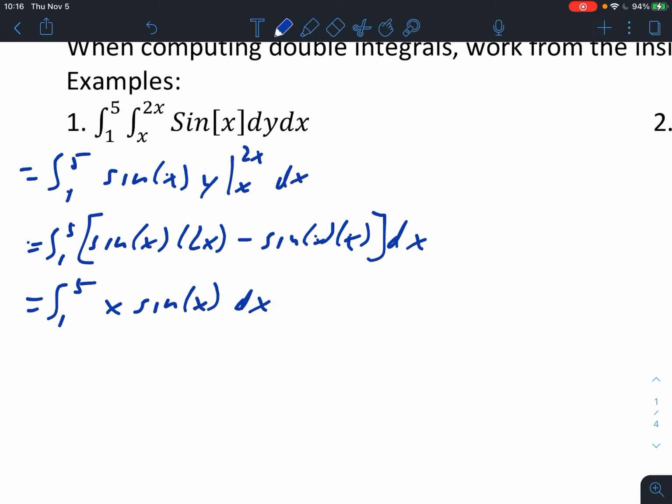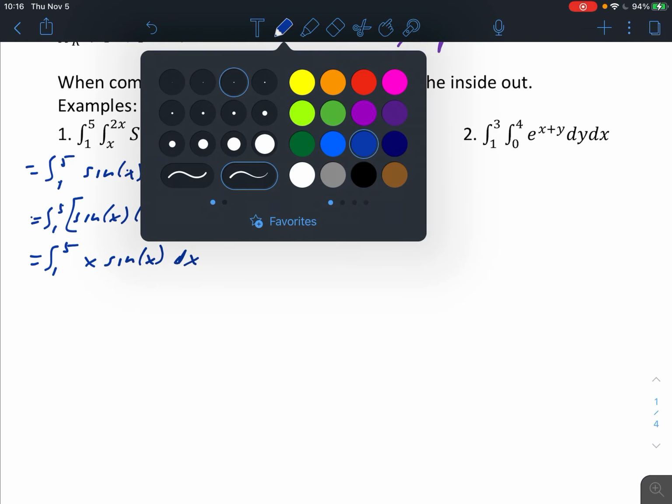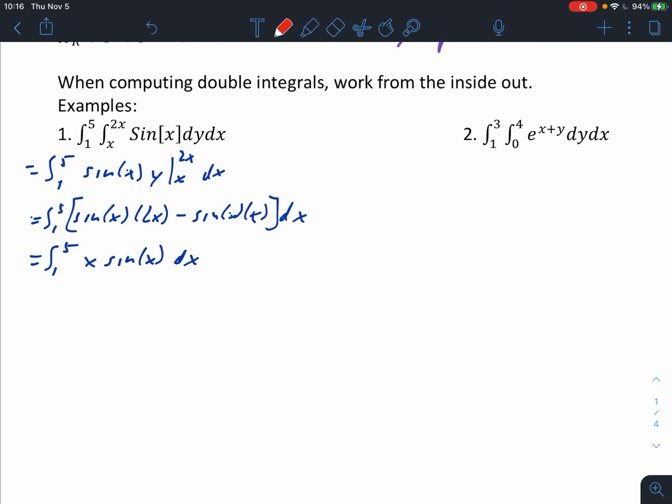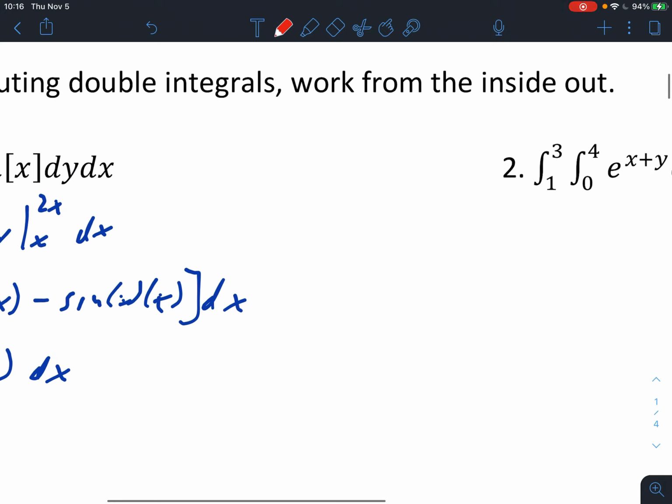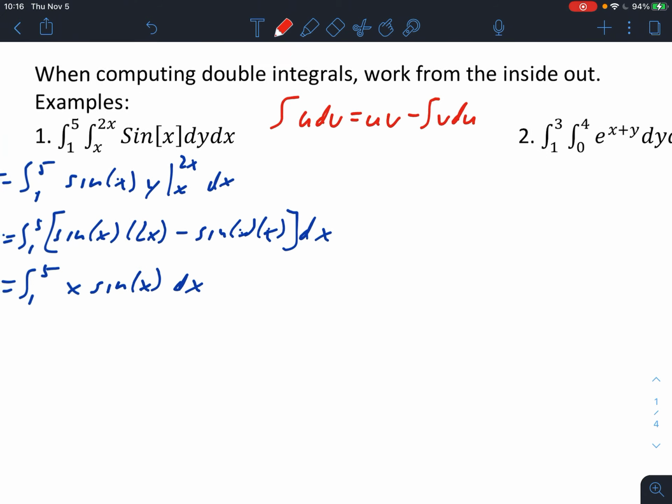dx, which you might recognize as an integral that's not possible to do directly. But you did learn a way around that in BC last year. Hopefully you recognize this formula. That's right, we're going to do this integral by parts.